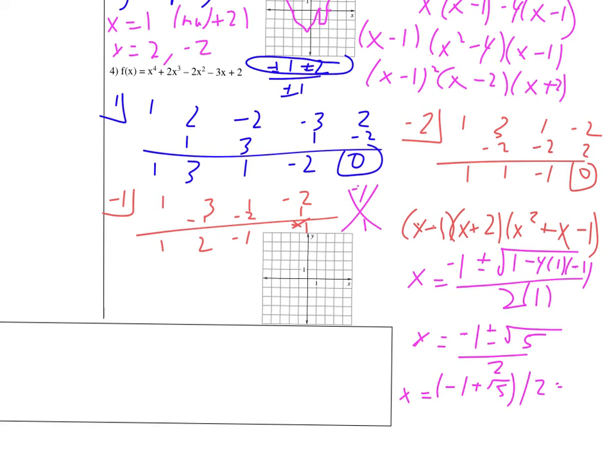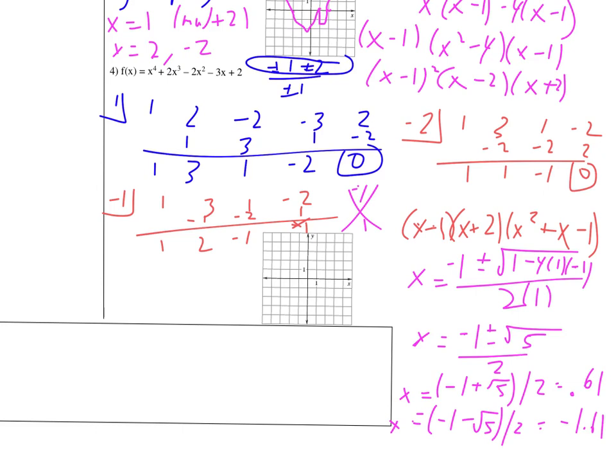Got to make sure you do that extra set of parentheses there. So that gives me 0.61. And if I did that again, but now with a minus, so this is how we do plus or minus on the calculator. Some people sometimes ask me, where's the plus or minus button? There isn't one. It just means you do it once as a plus and once as a minus, and so this one will give me -1.61.